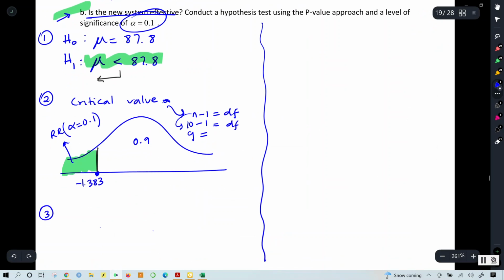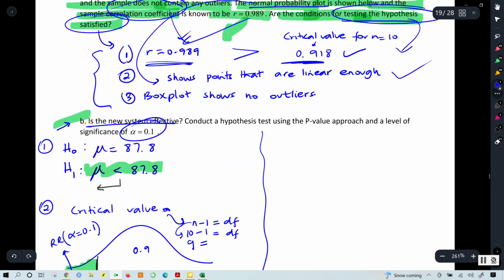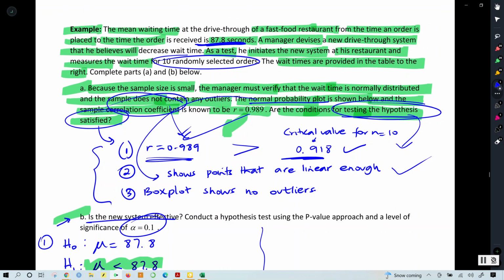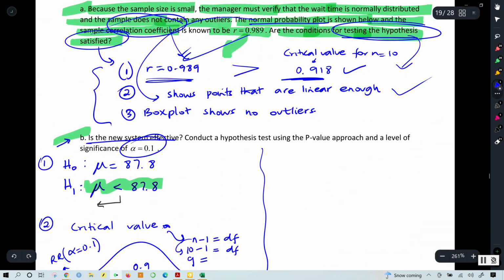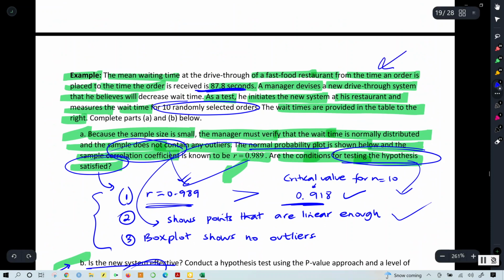Then the third step would be to find my test statistic. My test statistic will require the sample mean. What was the sample mean, x bar? In this case, you will observe that the sample mean was not given.